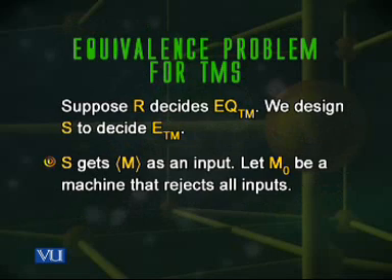Let's look at a formal description of this decider S. Notice that it is very easy to make a Turing machine M sub E such that the language of M sub E is empty. You can very simply design a Turing machine that rejects all inputs. Without scanning the tape, the first step it takes is to reject the input.